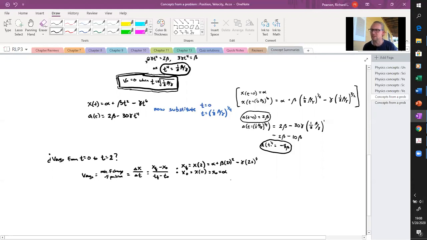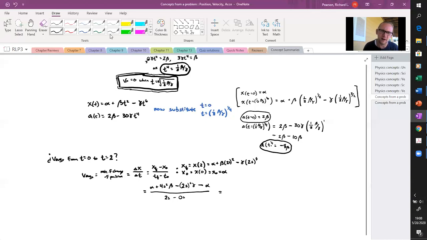So if we set that all up, we have that this is equal to our final x, which is alpha, plus 4 seconds squared times beta, minus 2 seconds to the 6th times gamma, minus our initial, which is alpha, all divided by 2 seconds minus 0 seconds.